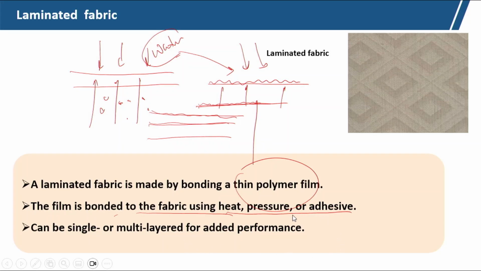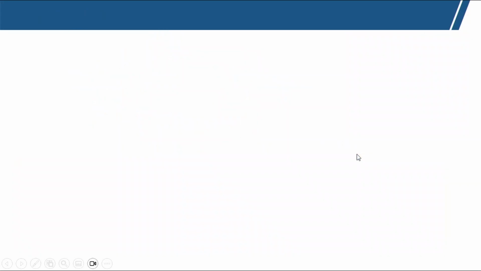Here, in this type of structure, we are achieving thermal insulation, waterproofing and breathability. All these requirements are there for protective textiles like fire protective textiles, so we have to design our clothing using laminated fabric technology.